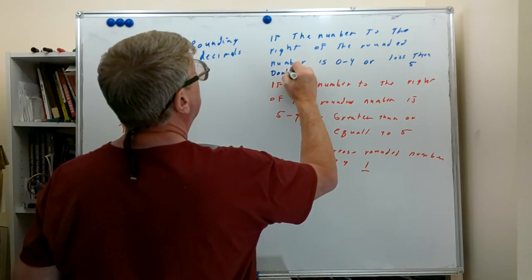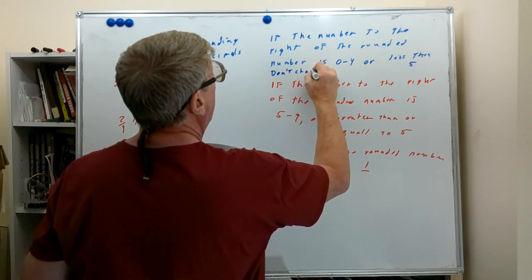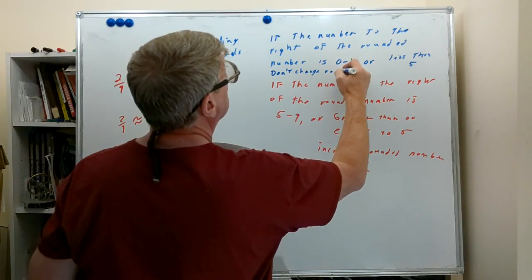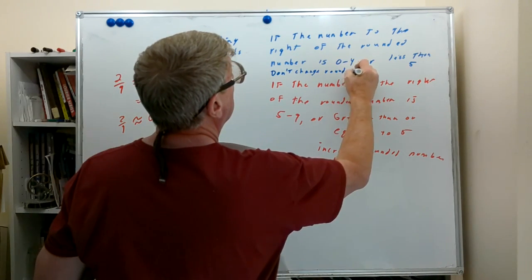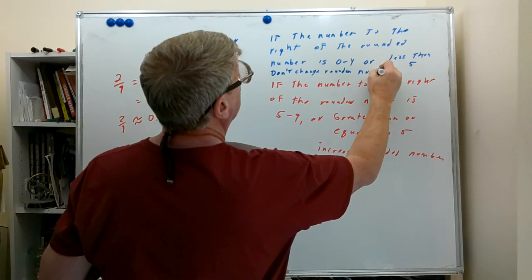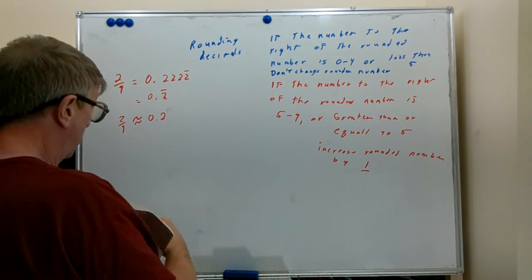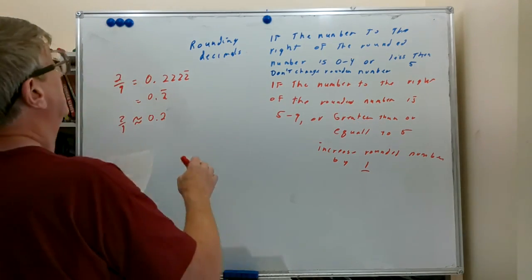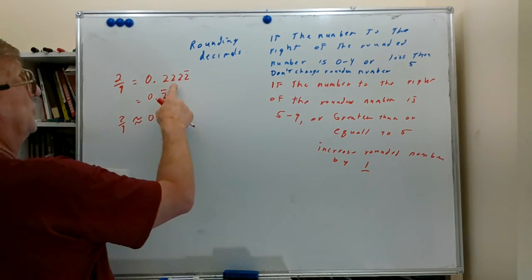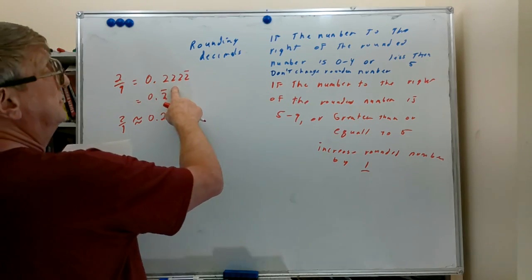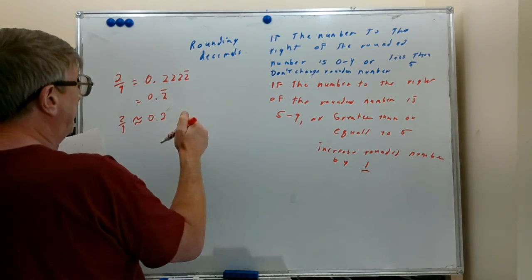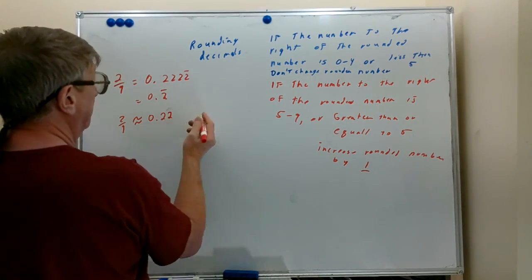I forgot to put that up there. So by following that rule, the number to the right was a number from 0 to 4, which was less than 5, so we don't change that number, so there we go.